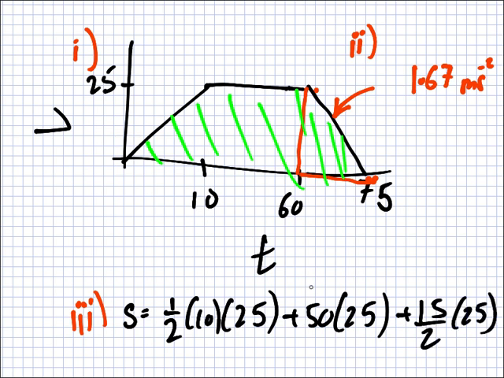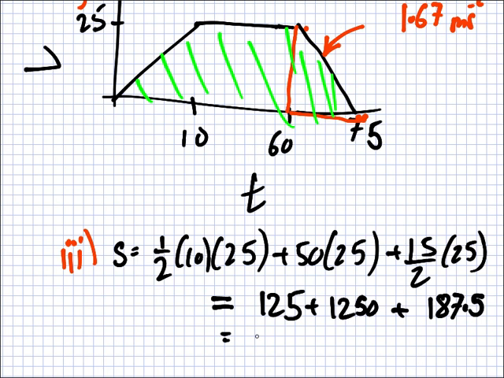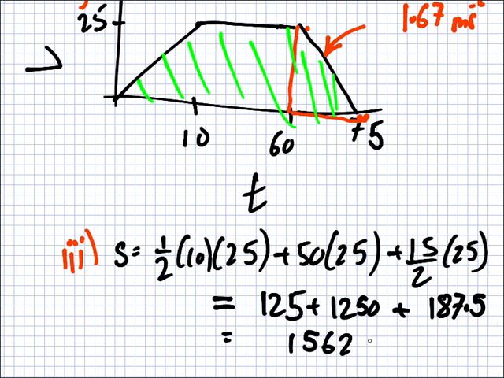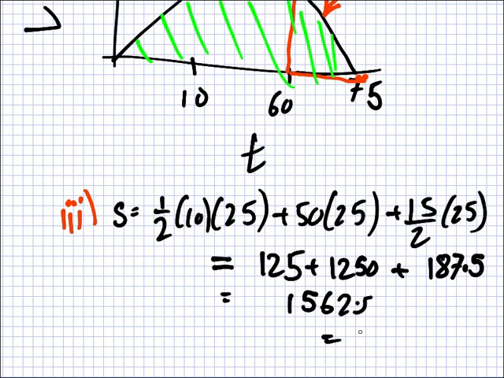That's 125 plus 1,250 and 187.5. That's 1,562.5.